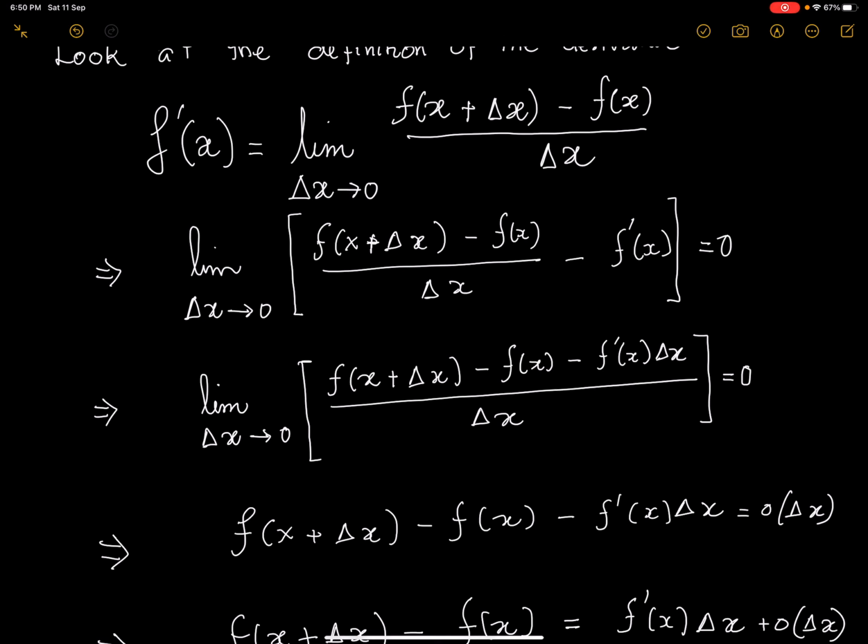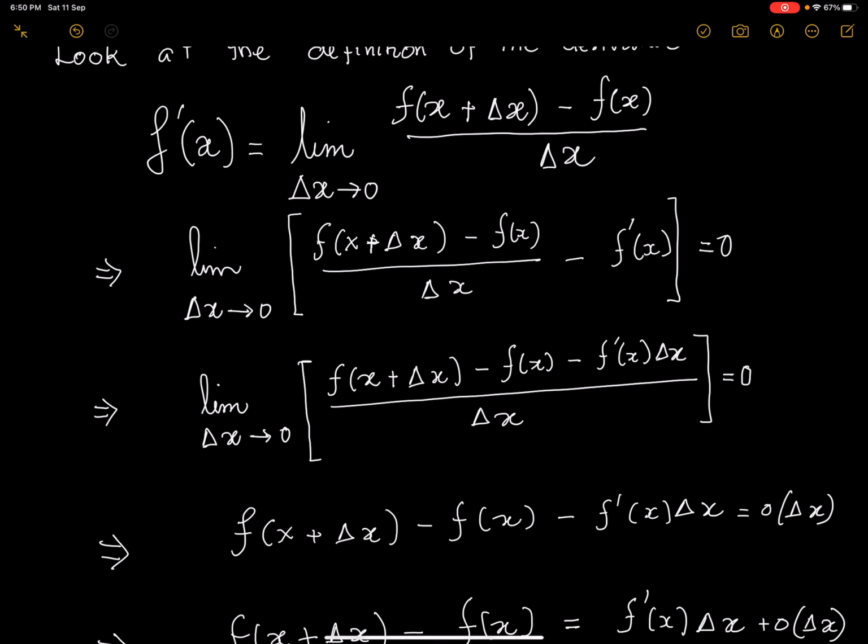Then it must mean that this numerator is going to 0 much faster than delta x. If it didn't happen, if delta x went faster, then this would explode. This would go to infinity possibly. Because it is going to 0, the numerator must be going to 0 much faster than delta x.